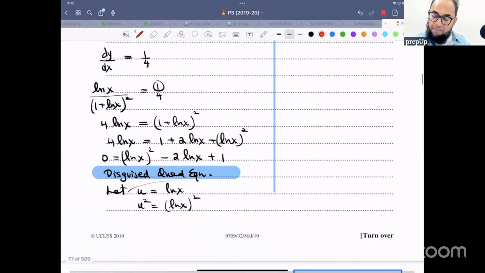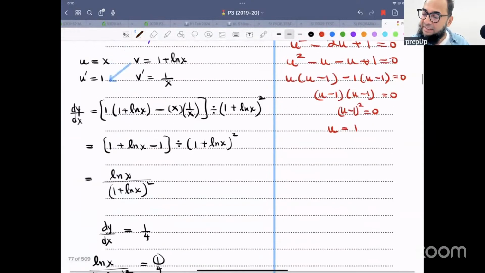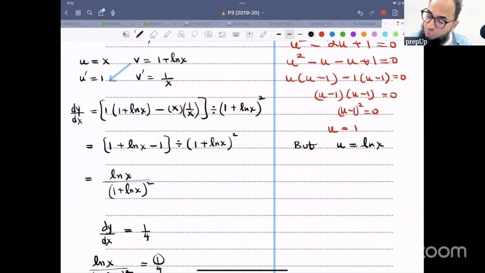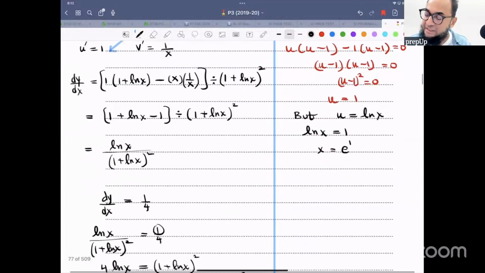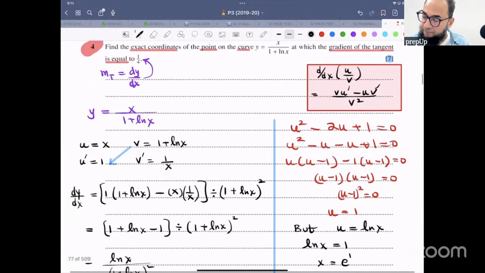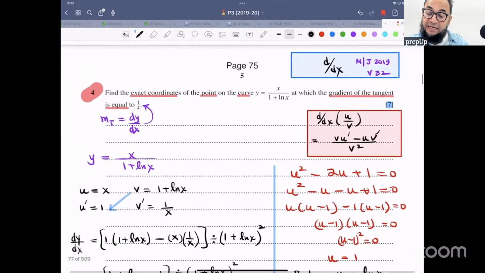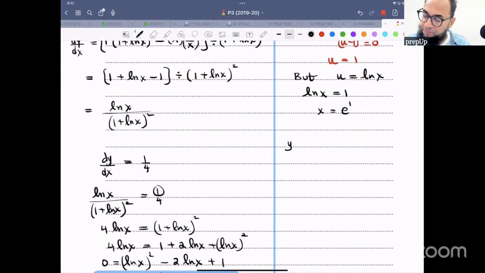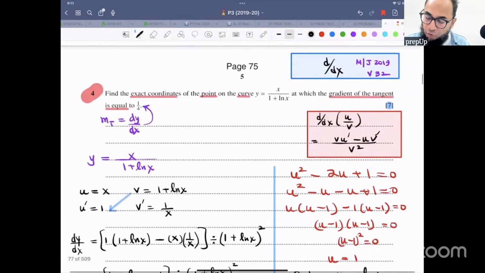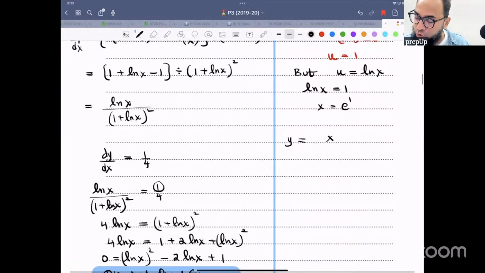But what is u? u is ln x. So ln x equals 1. Therefore, x is e raised to the power of 1, which is e. And we need the exact coordinates in terms of e. So what is y? y is x over 1 plus ln x.